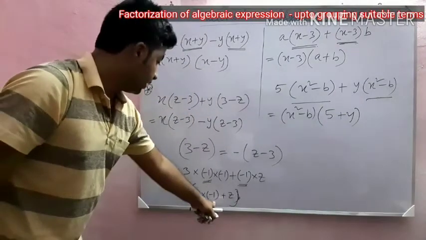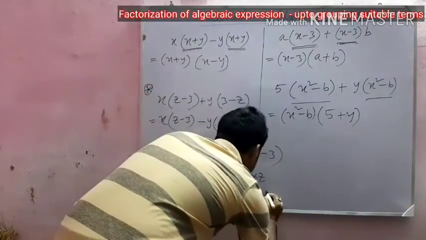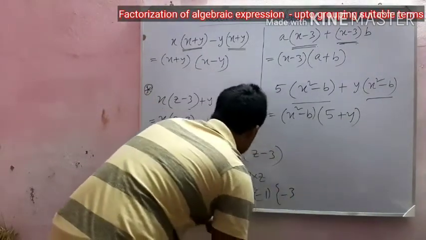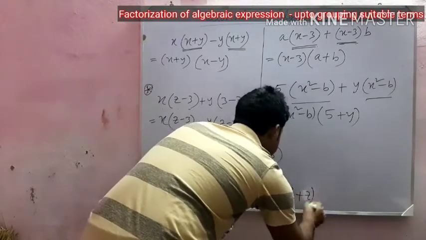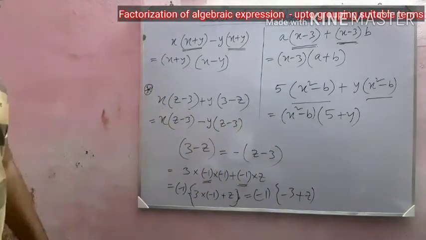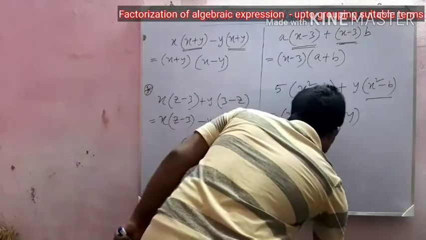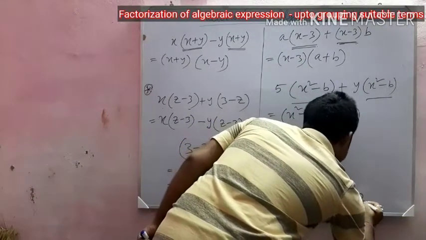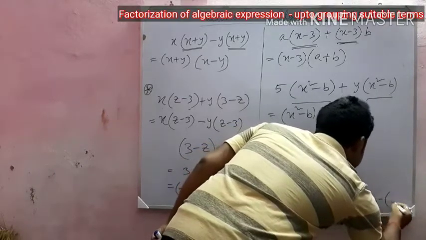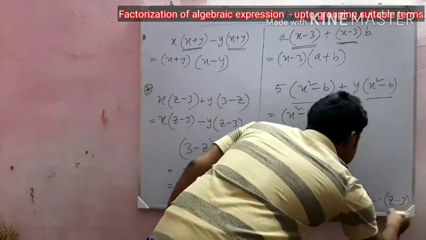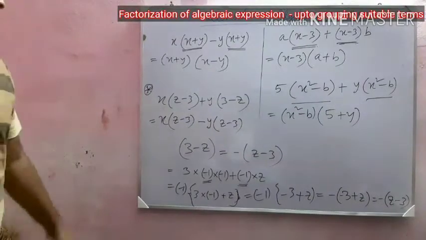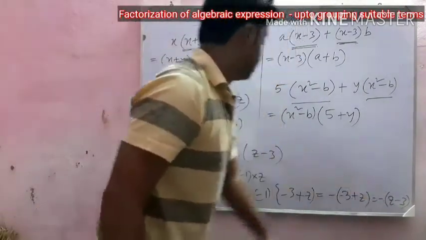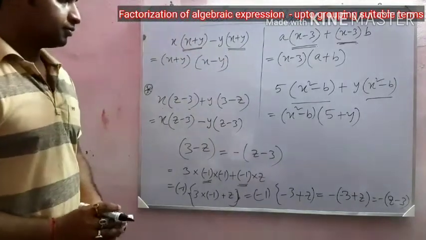So 3 into minus 1 will become minus 3, and this is plus z, right? This means actually minus of 3 plus z, or minus z plus minus 3. So I have converted this term into this term here.